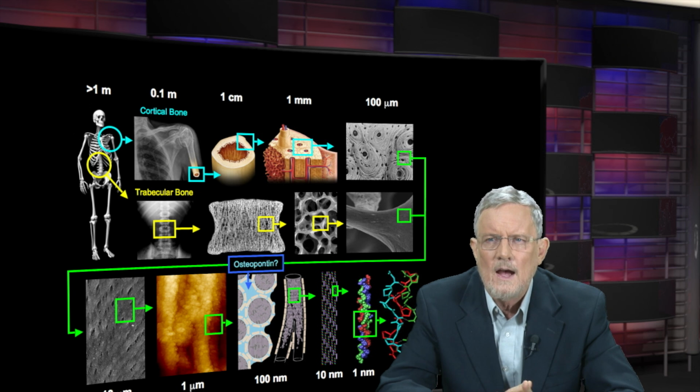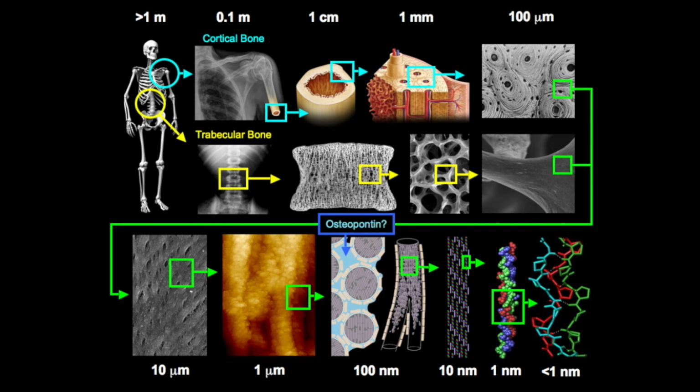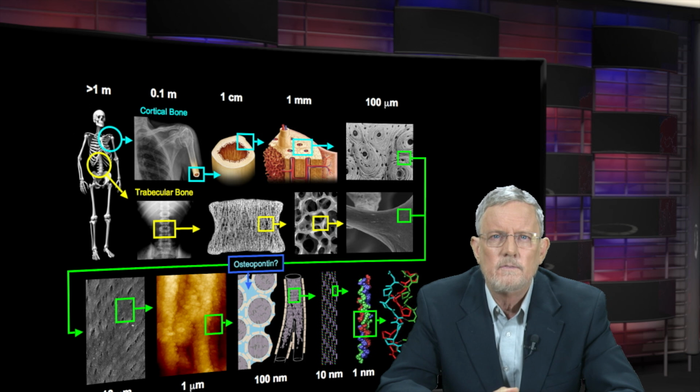The top row shows the range of bone that's been well studied by current technology. There are many techniques that can look at bone at these length scales: optical microscopy, X-ray, computed tomography. Bone is, I would say, very well understood on these length scales.